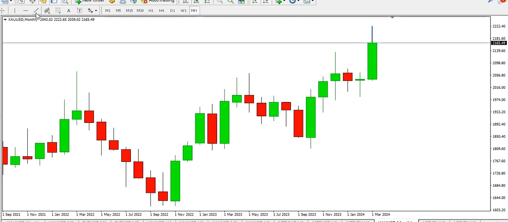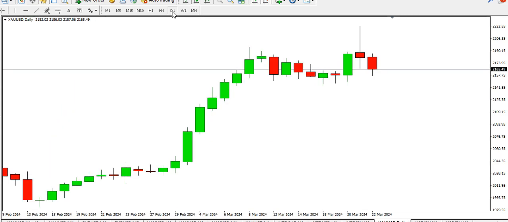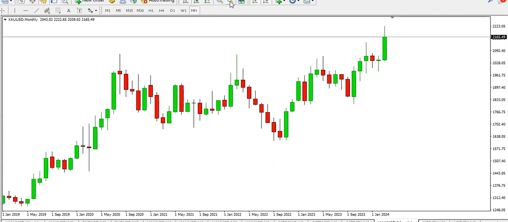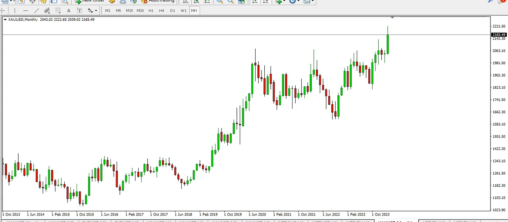So we might expect price to close bullish at the end of the month, or the month might end up as a bullish doji or a bearish doji, or a bearish pin bar. Whatever be the case, the overall trend on the monthly time frame is bullish.